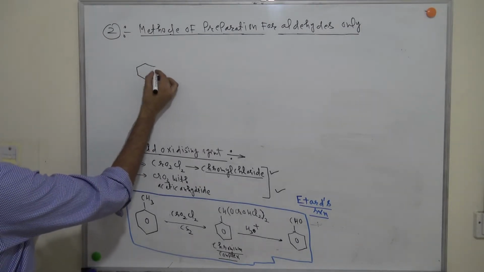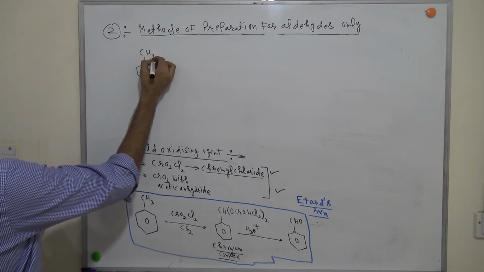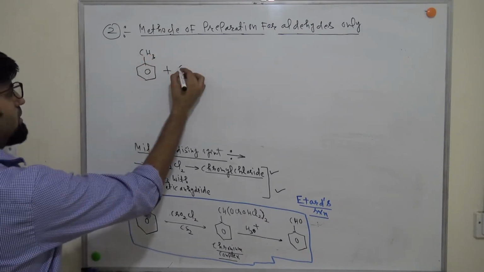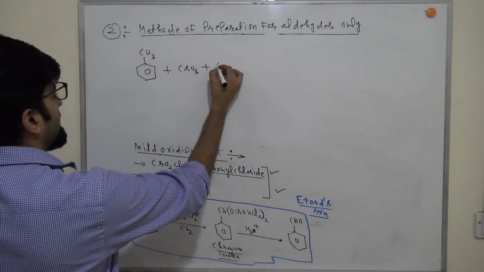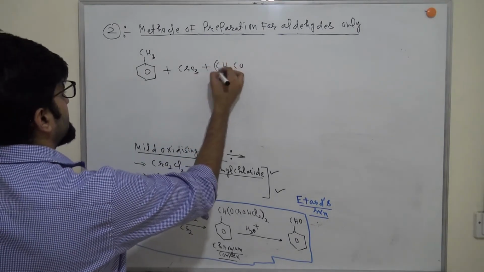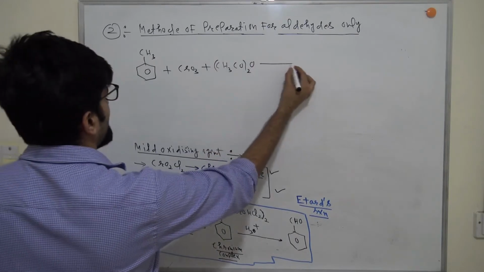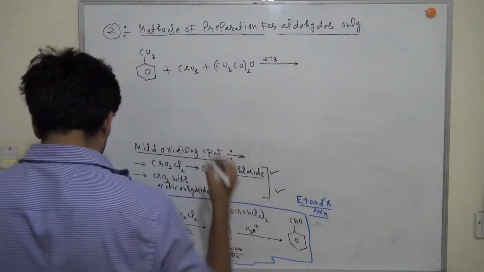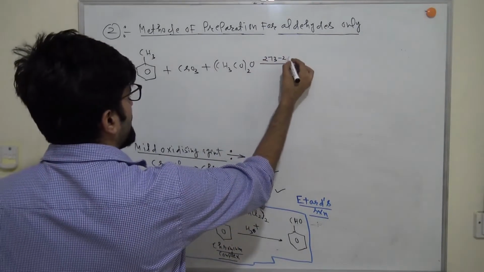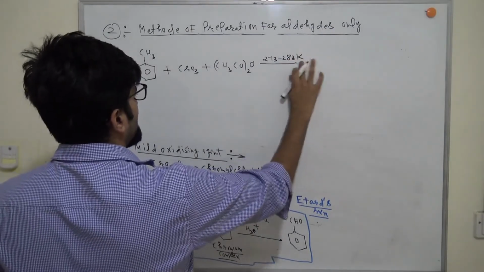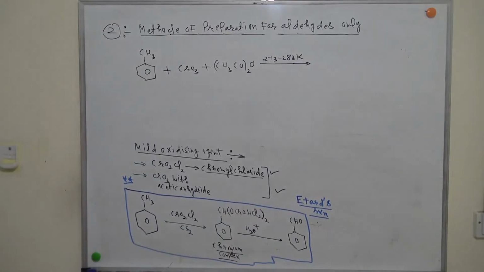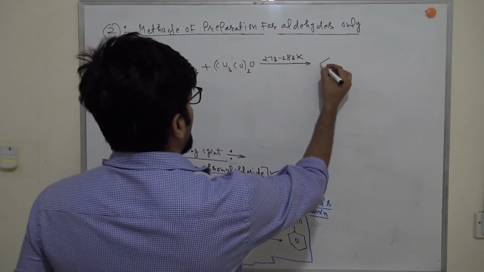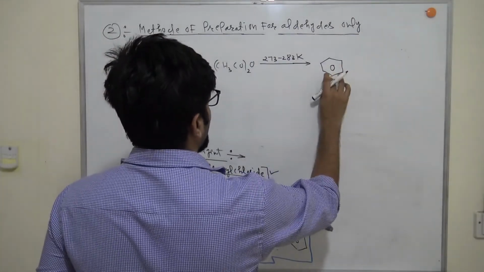So next, if you have toluene, and you do its reaction with chromium trioxide in acetic anhydride, (CH3CO)2O, with reaction temperature 273 to 283 Kelvin, again the final product is benzaldehyde, but we have to memorize the intermediate product also.